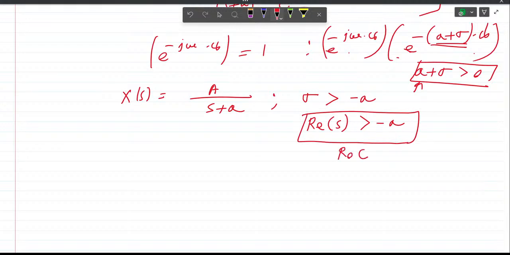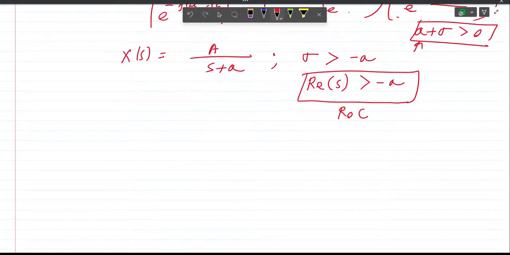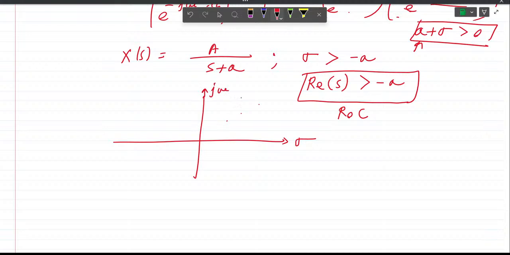Region of convergence, how is it shown in the s plane? This is your sigma real axis, this is your imaginary axis. So you can easily say that the real part of s is greater than minus a.